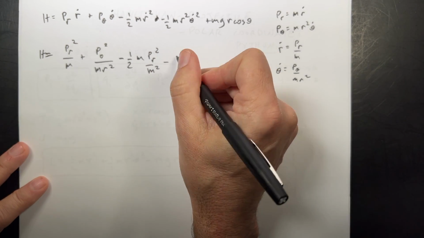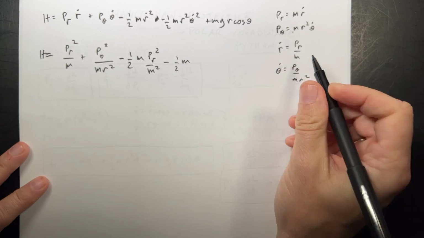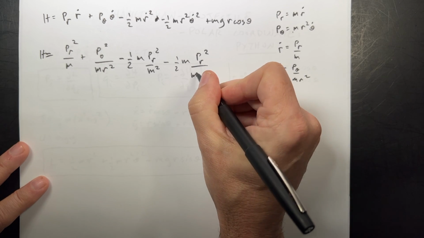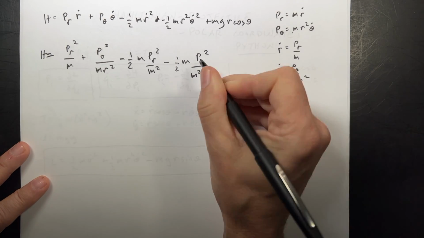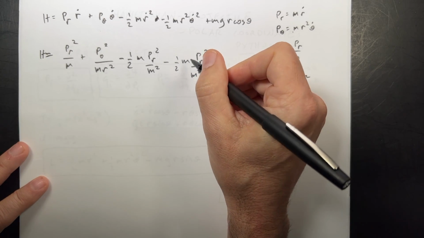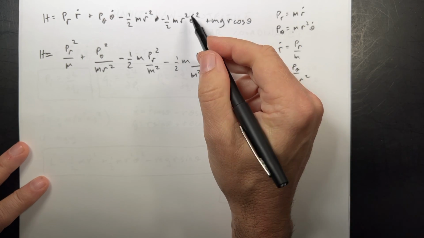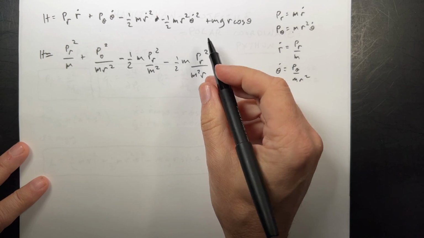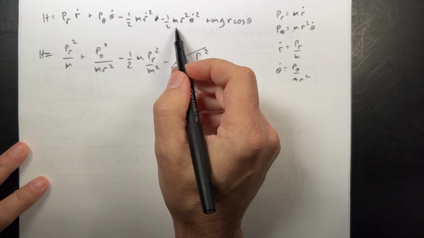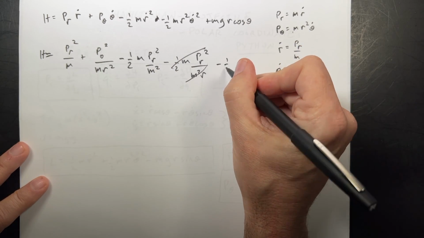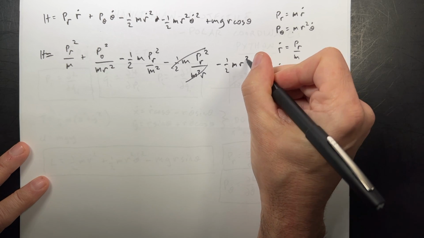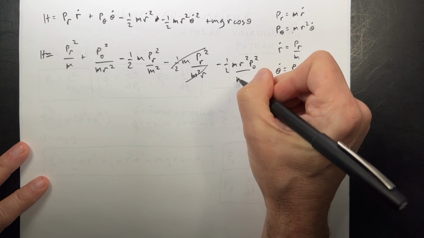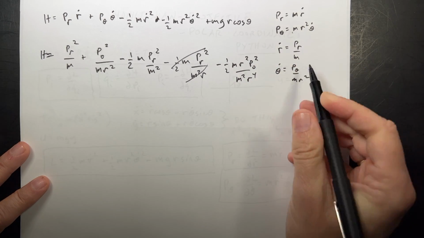Then minus 1/2 m r squared theta dot squared is going to be p theta squared over m squared r to the 4th.